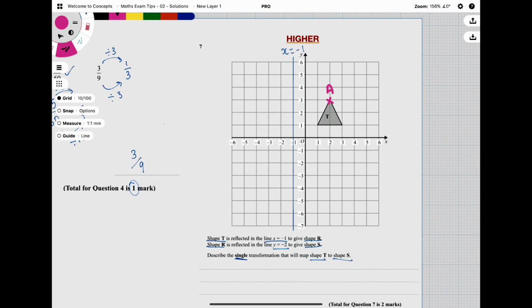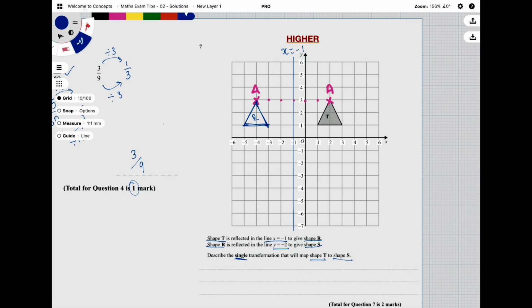I'm sure you know how to reflect, but here it goes quickly: 1, 2, 3, 3, 2, 1, straightforward. You need to finish off the reflection. I'm just going to quickly draw it freehand. You need to use a pencil and a ruler in the exam. So that is reflected, and it is shape R. Don't forget to label, that's really important.